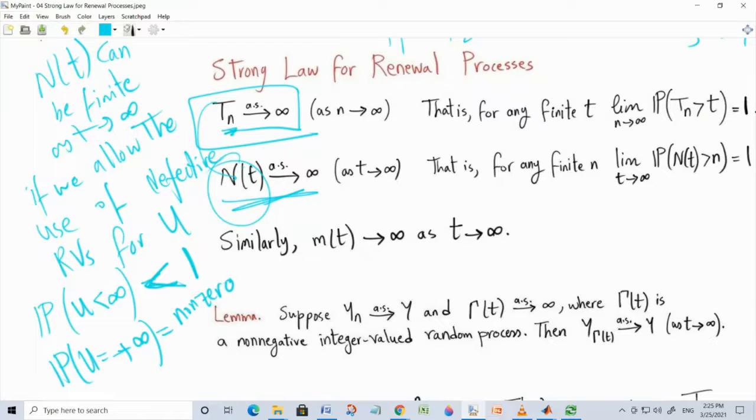We will see this in Markov chains. From the previous lecture, I said that we will assume that our inter-arrival times are ordinary random variables. Ordinary random variables do not take the value plus infinity, because plus infinity is not a real number.